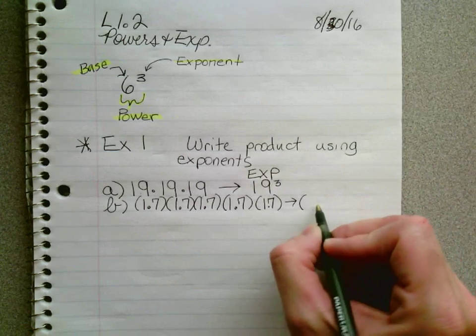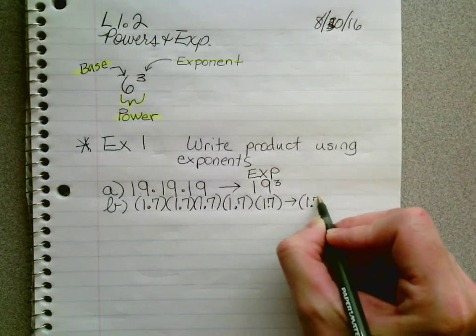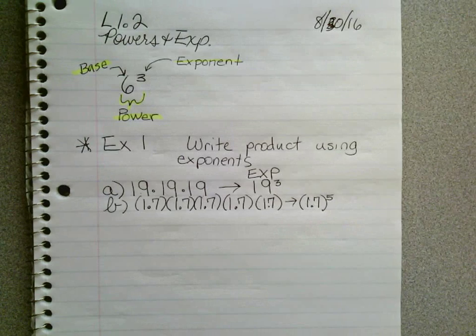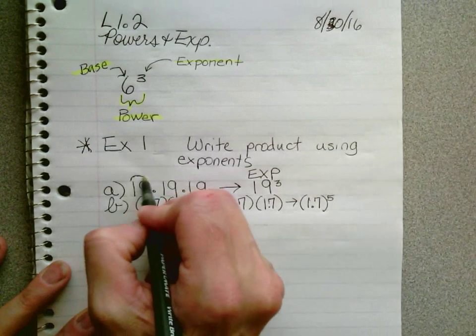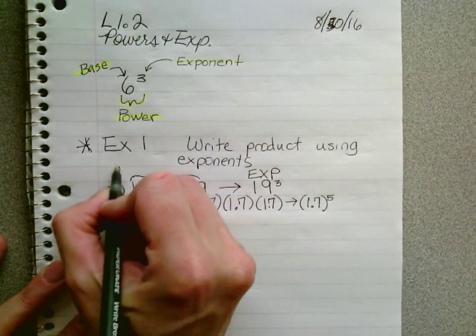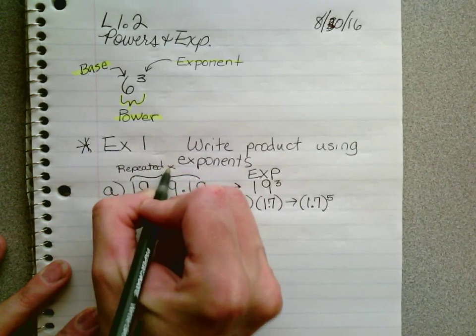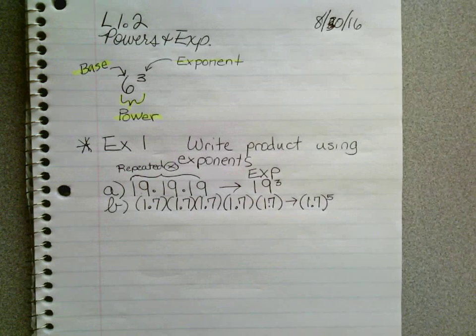It's a whole lot easier to say 1.7 to the 5th power. Okay, this column, this first bit, is what we would call repeated multiplication. Okay? It takes much less pencil and paper and ink to just use the exponent.